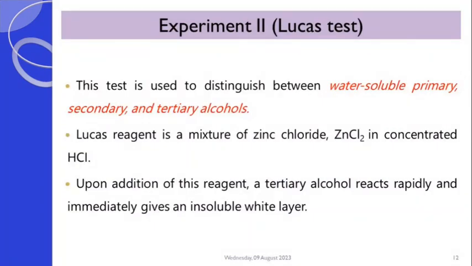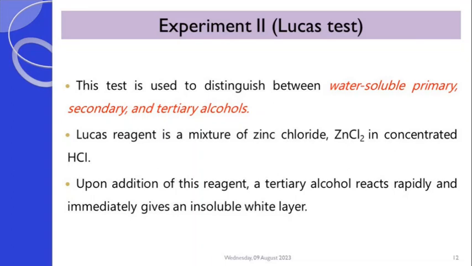Now let us look at another test that would help us to distinguish or identify aliphatic alcohols. This test is called the Lucas test. This test is able to help you distinguish between primary, secondary, and tertiary alcohols that are water soluble.